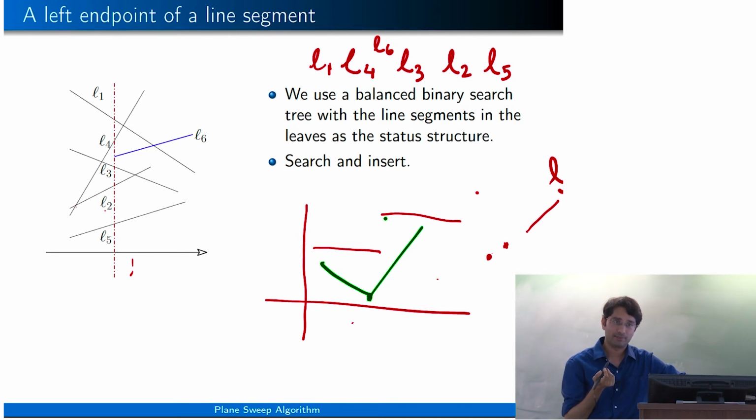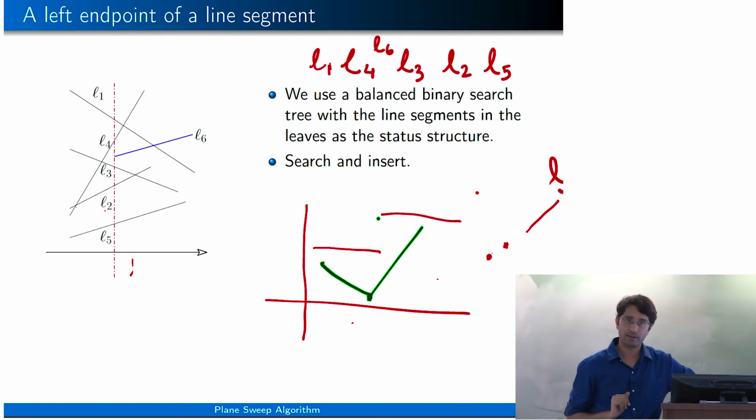No. We will maintain the sorted order in a balanced binary search tree. We will not do sorting. Then checkmate. If at each event point I have to sort, it is n squared log n. That's the trick.